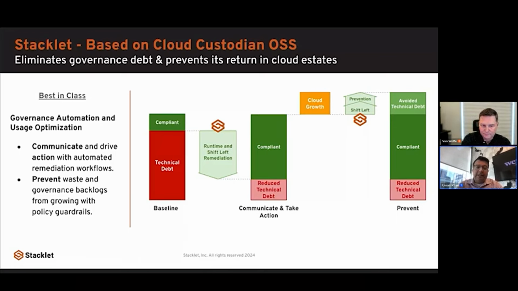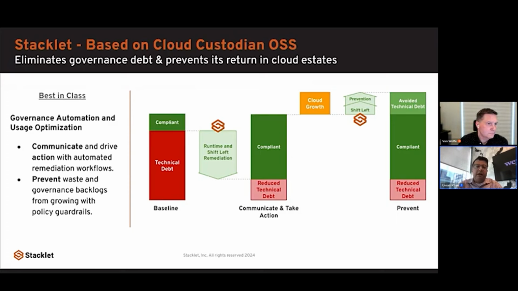What Stacklet does at its core is we really help you eliminate your governance debt and be well managed in the cloud. By governance, it could be cost optimization opportunities, security, compliance, operational stuff, all through a single tool. And what's really unique about Stacklet is it's really great at automating different processes around usage optimization particularly, and allowing you to communicate and take action.